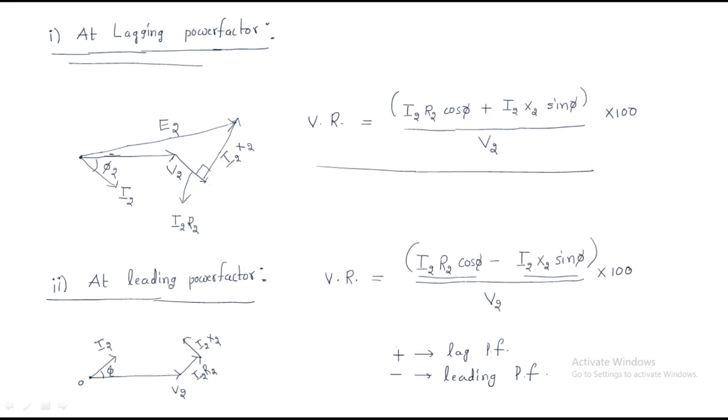The combination of V2, I2R2, I2X2 will give E2. There are 90 degrees between the drops, right? So the formula is like this, because of that it becomes minus. So this is the phasor diagram for the secondary winding if the power factor is leading. The earlier one is the phasor diagram of the secondary winding voltages when it is acting with the lagging power factor. Okay, this is about the voltage regulation.